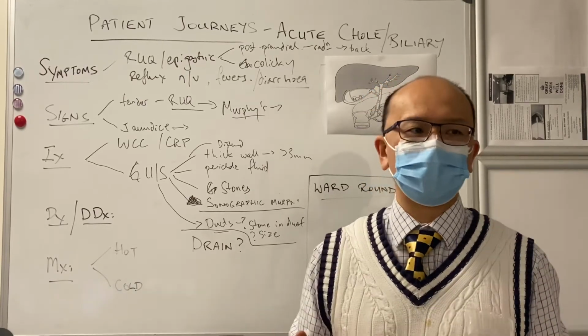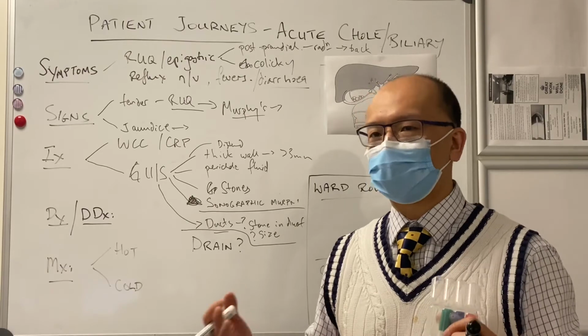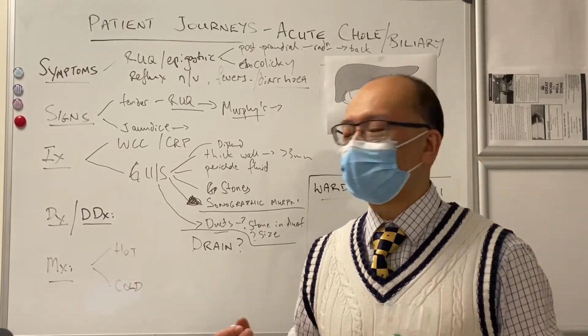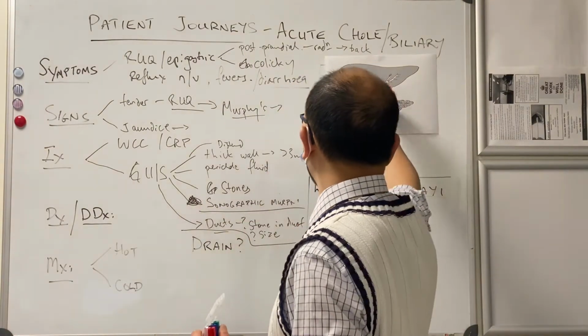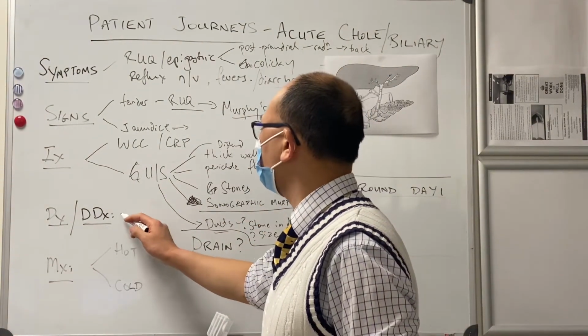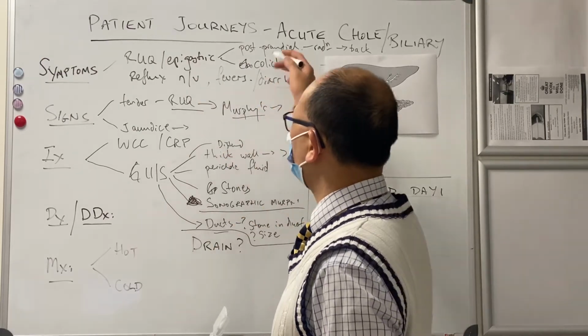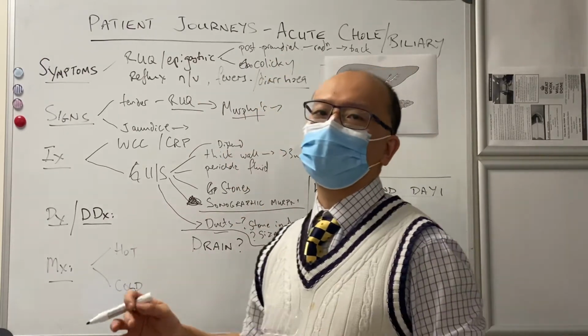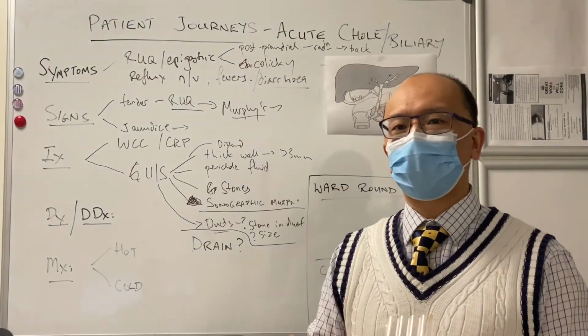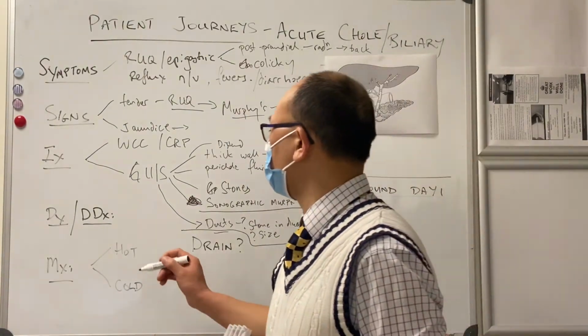If they've got abnormal amylase or lipase, you've got to think pancreatitis. If they've got significantly abnormal LFTs, you've got to think about a stone in a duct in addition to just inflammation of the gallbladder. So through a combination of signs and symptoms, you've got your differential, and you've decided that it's acute cholecystitis and not one of the other causes.